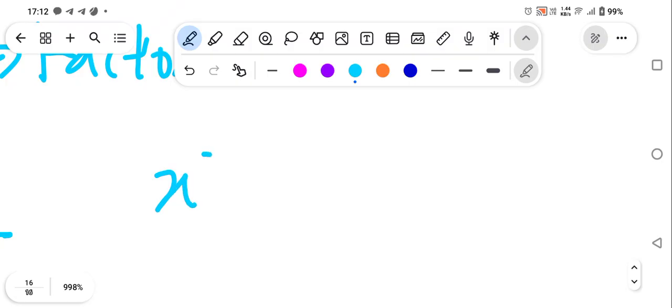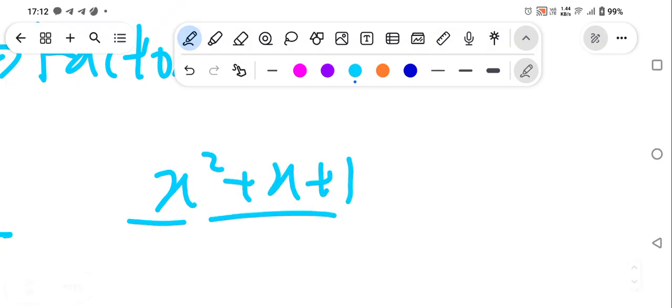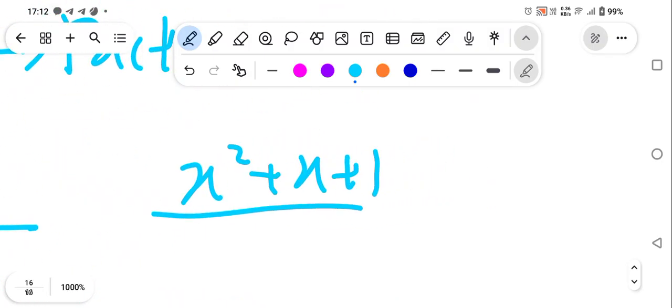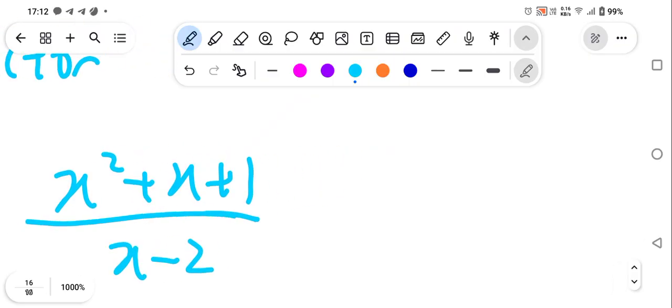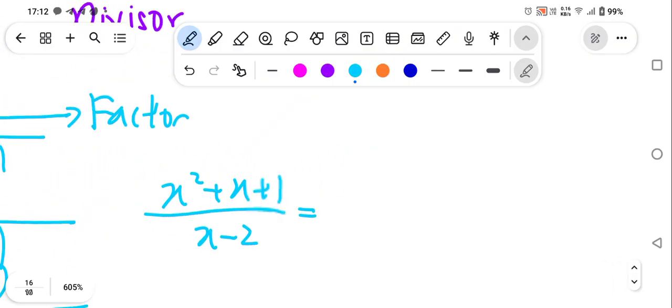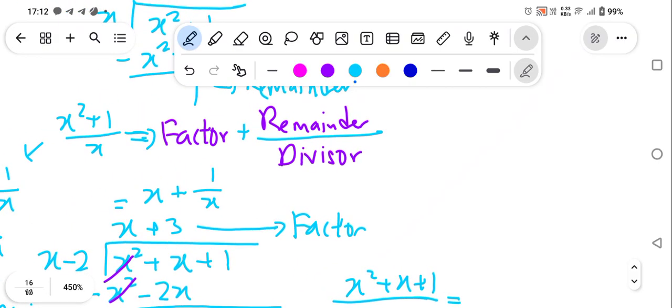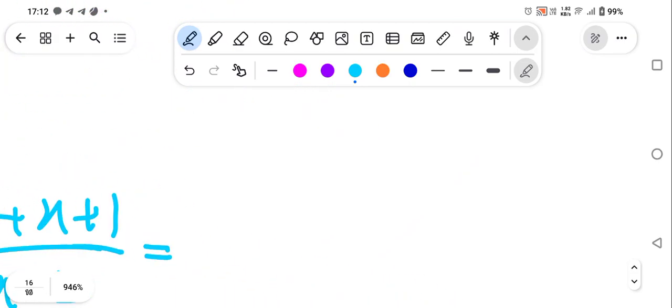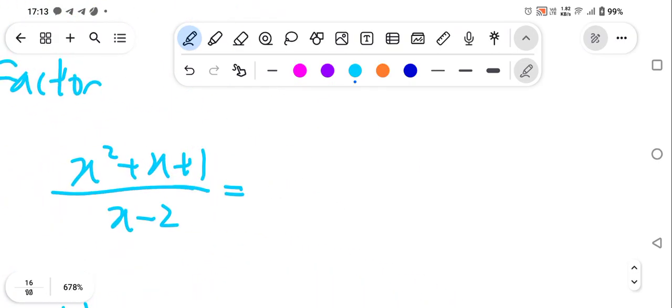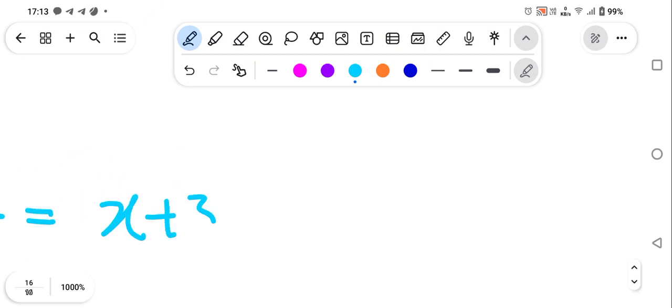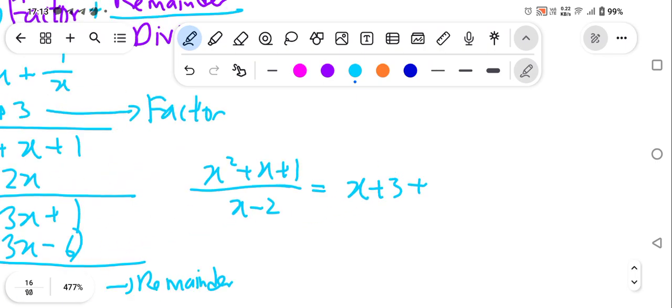So we know that x squared plus x plus 1 divided by x minus 2 equals this formula over here. So we have x plus 3 plus, what's the remainder?